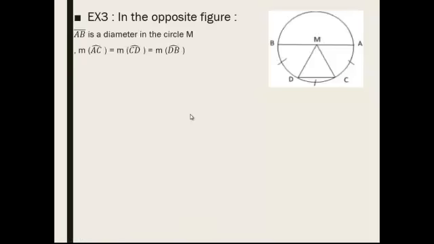Another example. In the opposite figure, AB is a diameter, and the measure of arc AC equals the measure of arc CD equals the measure of arc BD. Prove that triangle MDC is an equilateral triangle.